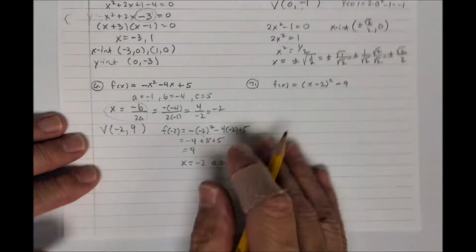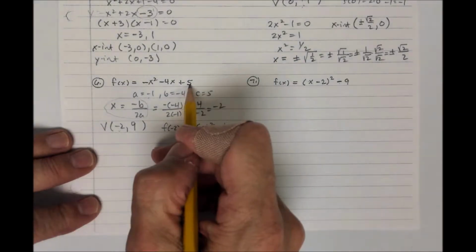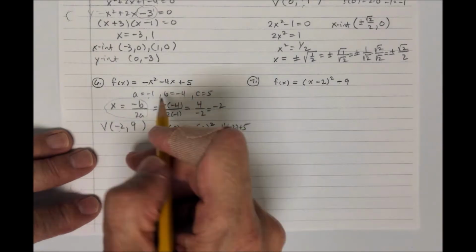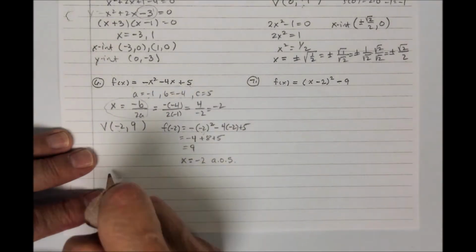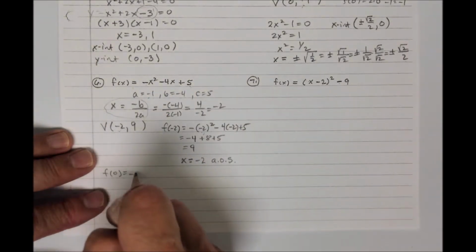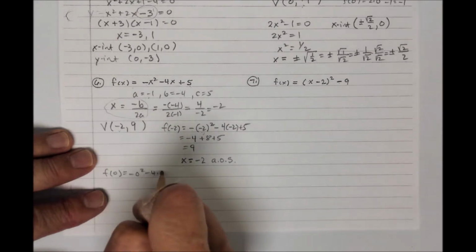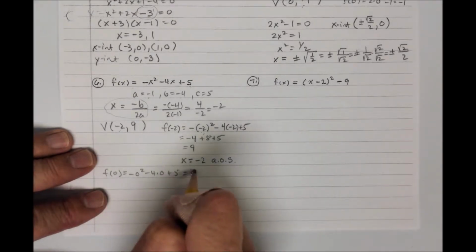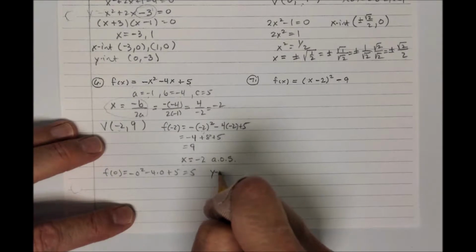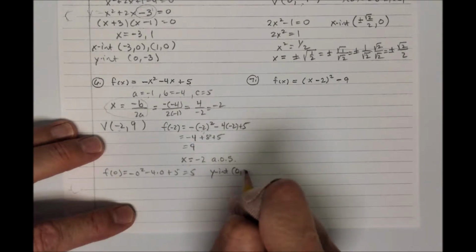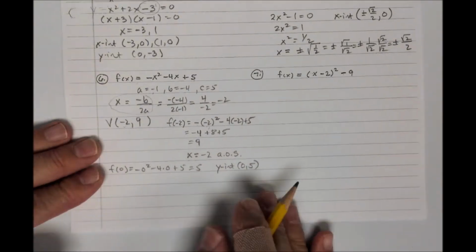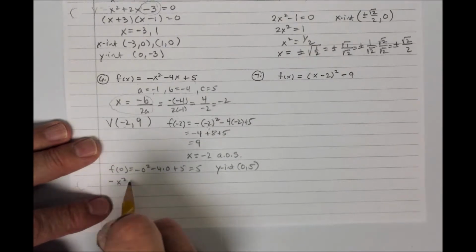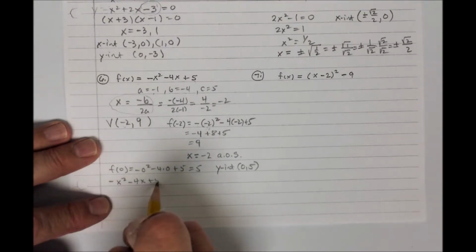All right, now to find the intercepts, I got the y-intercept right away because of the way it's expanded and written this way. F is 0, plug 0 in for x, is 5. So my y-intercept is 0, 5. Nice. Now the x-intercept, I'm going to have to set the opposite of x squared minus 4x plus 5 equal to 0.